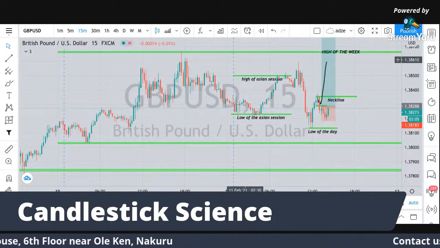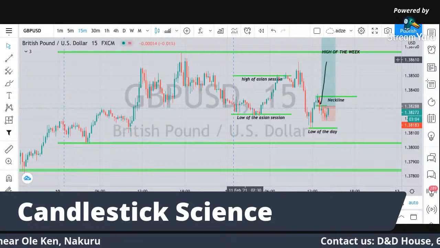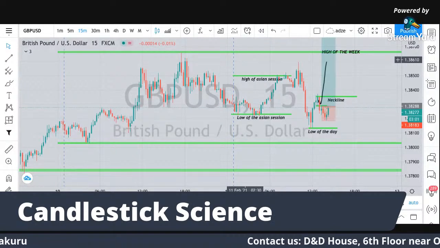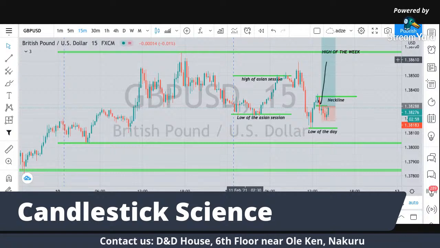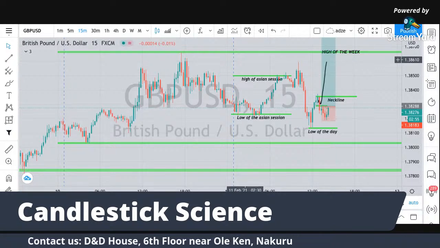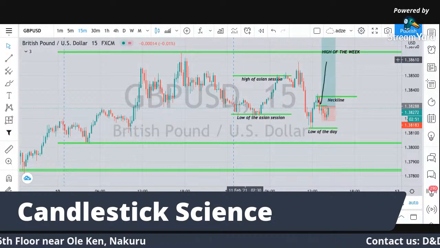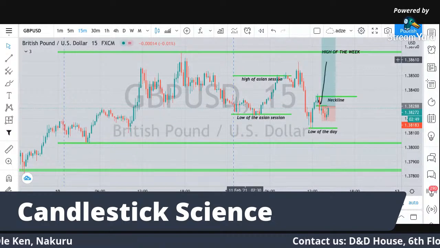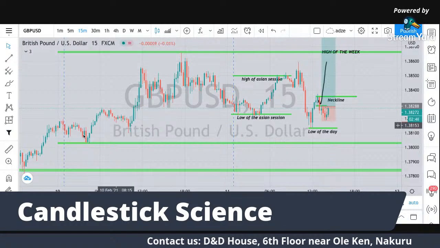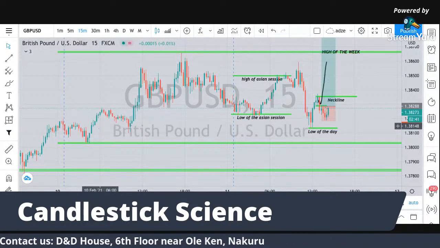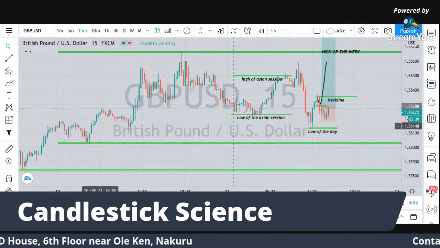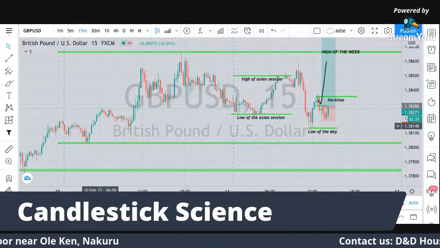So our topic for today is candlestick science. We're going to explain what a candlestick is and what it represents. Here you're seeing several candlesticks. There's a red one, there's a blue one. You find others who have marked them as black and white, others as blue and something reddish.